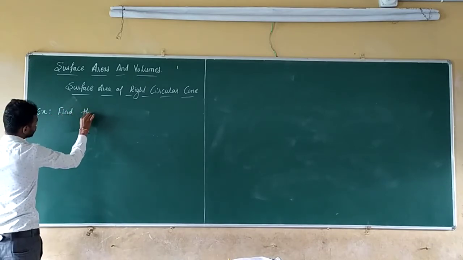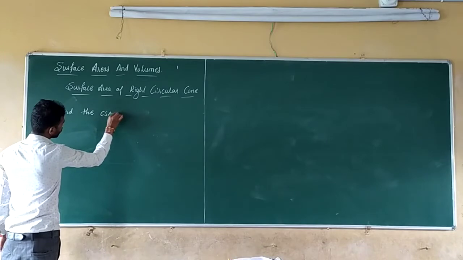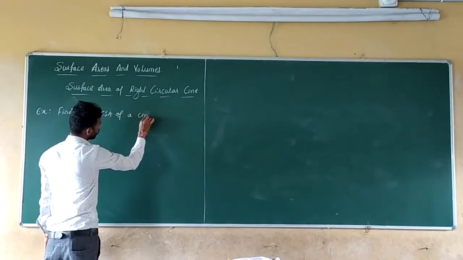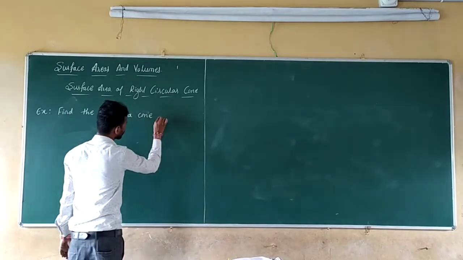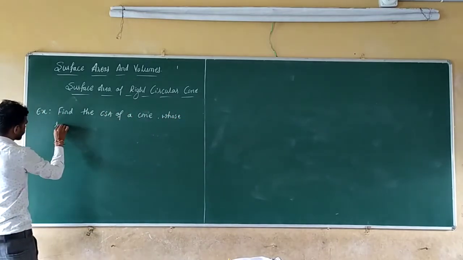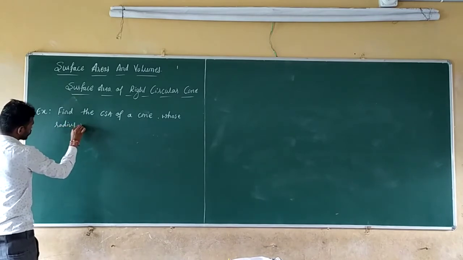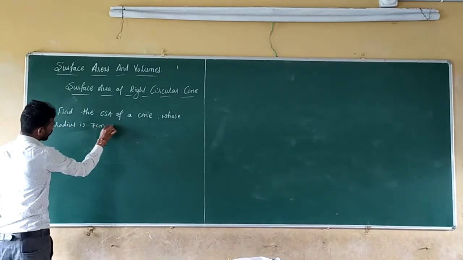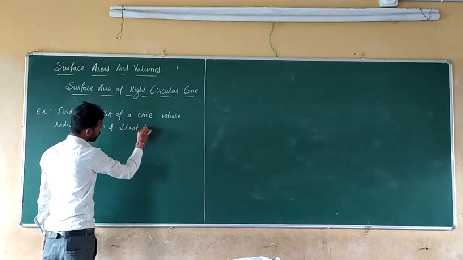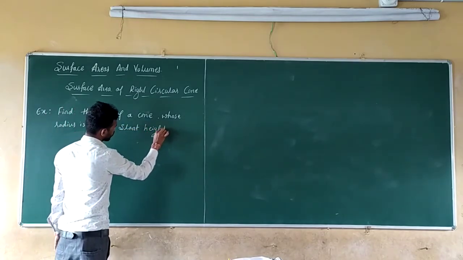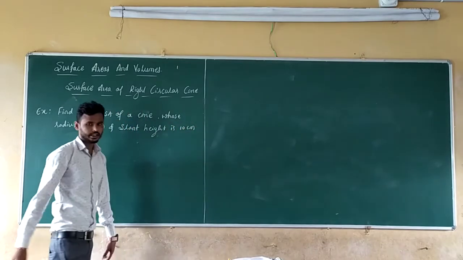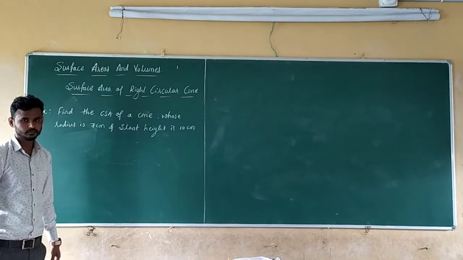Find the CSA of a cone whose radius is 7 centimeter and slant height is 10 centimeter.